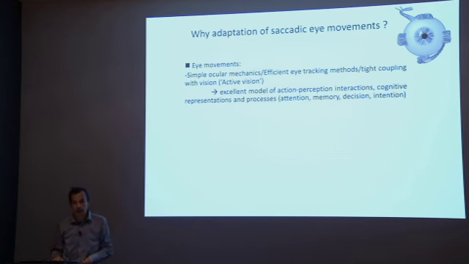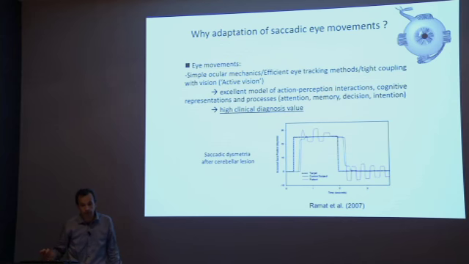So why study saccadic adaptation? First of all, eye movements are a very good model to investigate action perception interactions. And they also have, on the clinical side, high diagnostic value. This is an example here of a cerebellar patient.